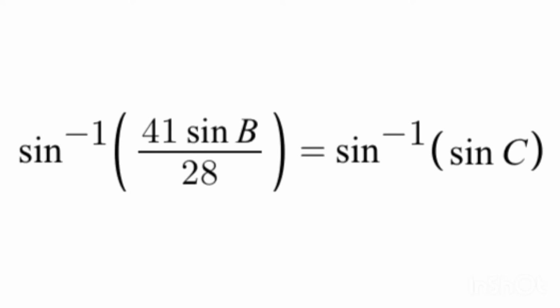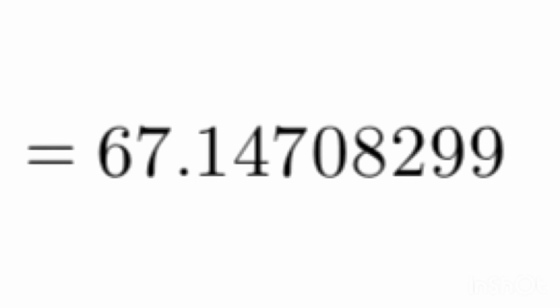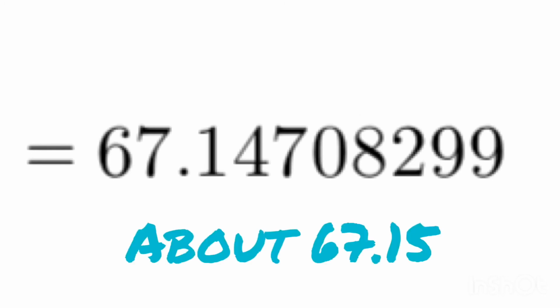Once we take the inverse sine of both sides, the inverse sine and the sine on the right side cancel out, leaving our C by itself. On the left side, C is equal to the inverse sine of 41 sine 39 over 28. Once we put that in the calculator, we get 67.15.